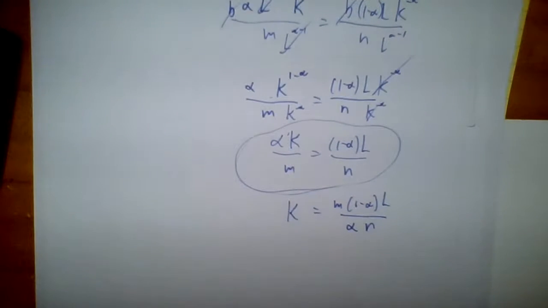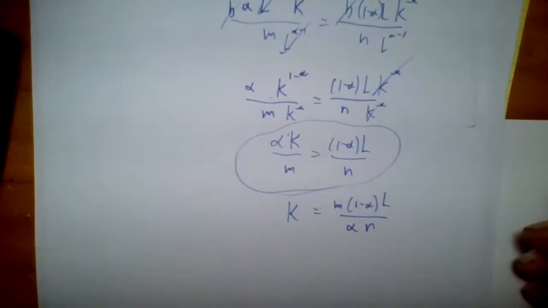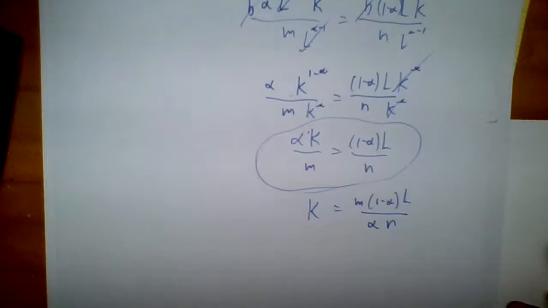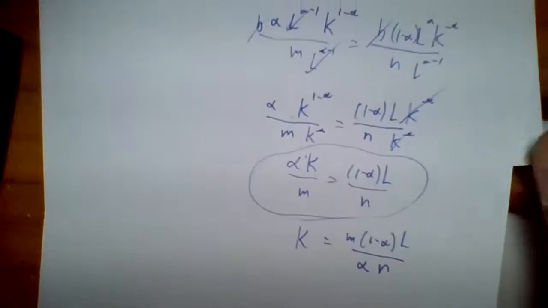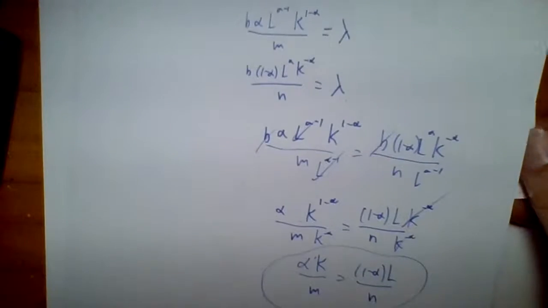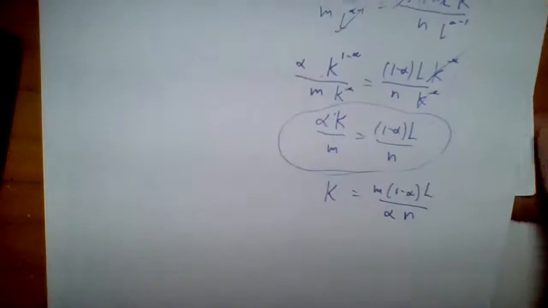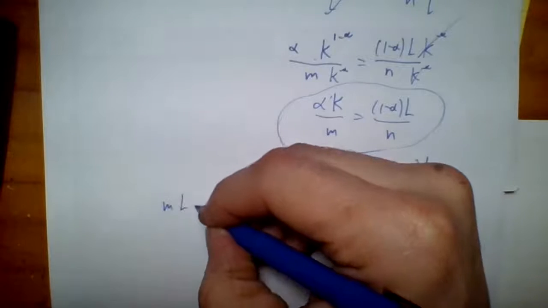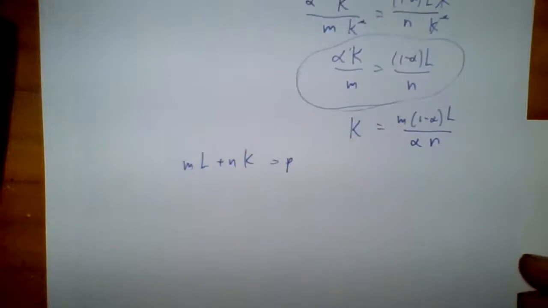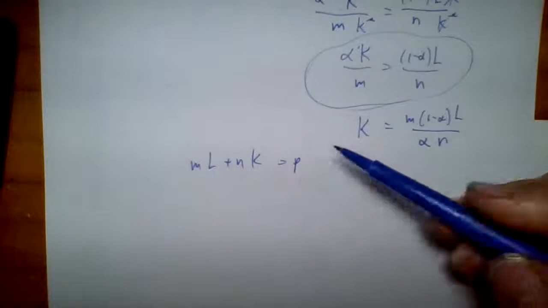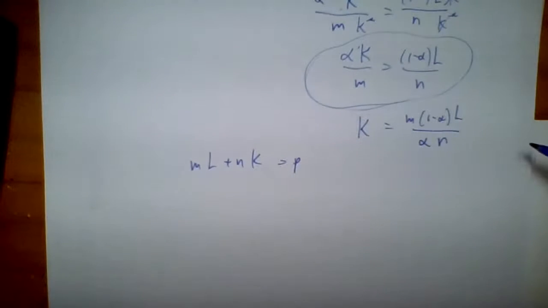I'm going to substitute that in. My third equation, which I haven't used, my constraint equation up here that said ML plus NK equals p, right? We had this before. That's lowercase p, the constant. So that's a relationship between L and K. If I make this substitution, I can solve for something here.